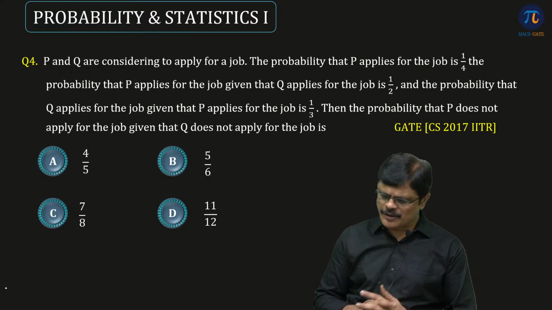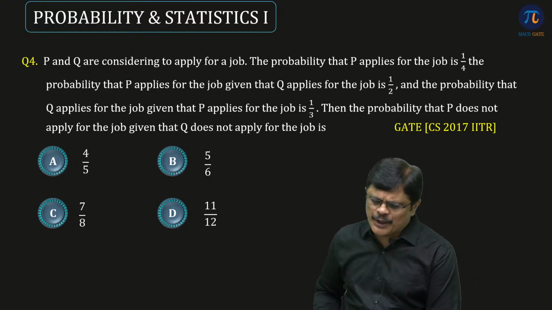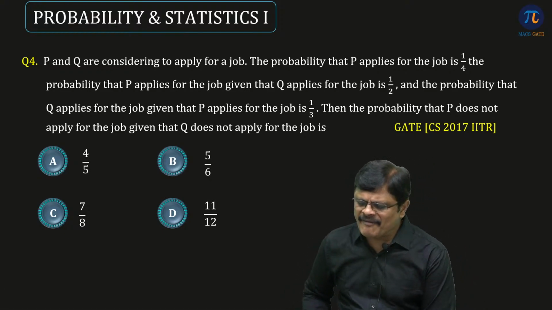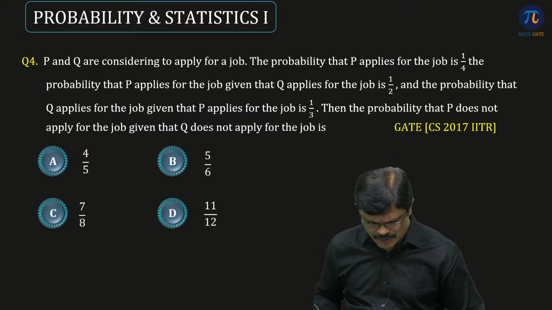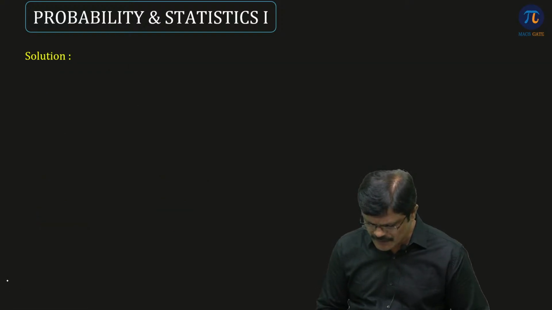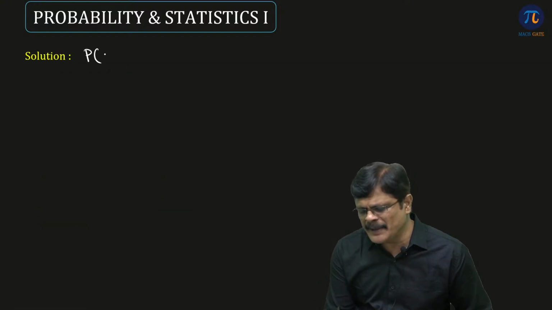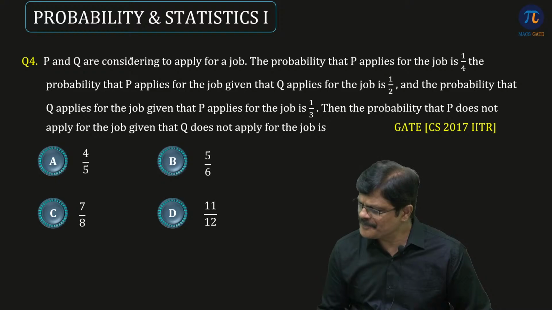There's one very interesting question. P and Q are considering to apply for a job. The probability that P applies for the job is 1/4. Let me write it down. Probability that P applies for a job is 1/4.